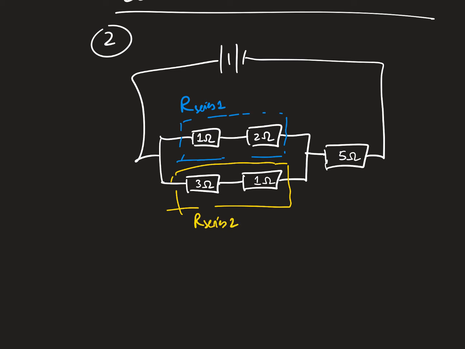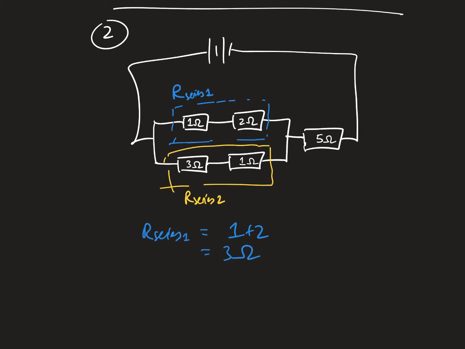I'm just labeling them. So for R series 1, it is simply 1 plus 2, which is 3 ohms. And then R series 2 is definitely 3 plus 1, which is 4 ohms.